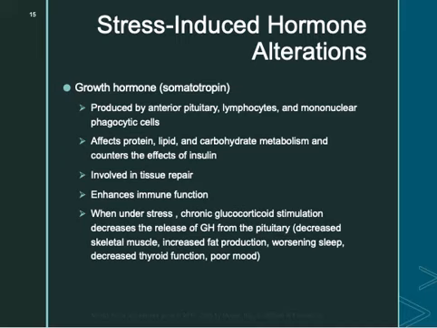It also has an effect on tissue repair. But when you're under stress, there's a decrease of growth hormone from the pituitary. So essentially it can lead to all these other factors where they can have increased fat production, they could have alterations in glucose levels, it can affect their mood, and even in children it can affect the growth of the child. And they can also have blood sugar issues as well.